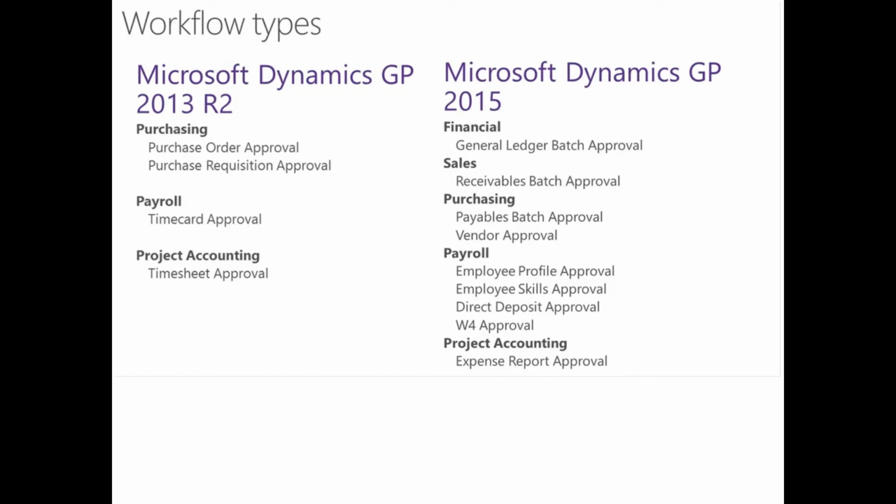And to alleviate Business Portal, we also created the expense report approval inside of Dynamics GP. So in Business Portal, where we had the requisition management, the payroll information, and then project time and expense, all of those have now been created inside of GP in our workflows. So we do not ship Business Portal for 2015. The workflow capabilities that you see here are what we're using instead of that.